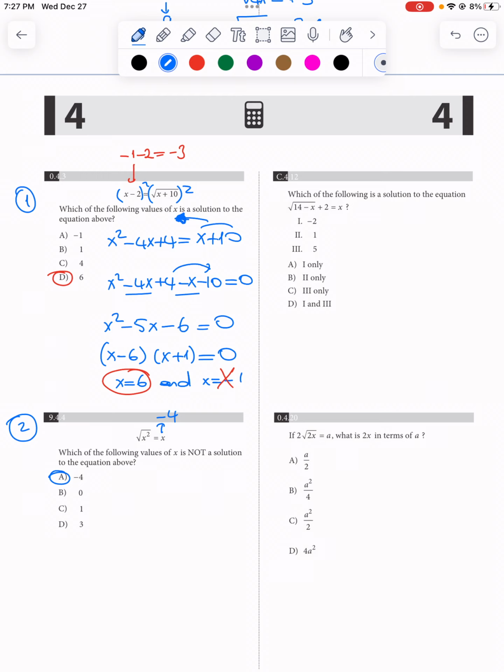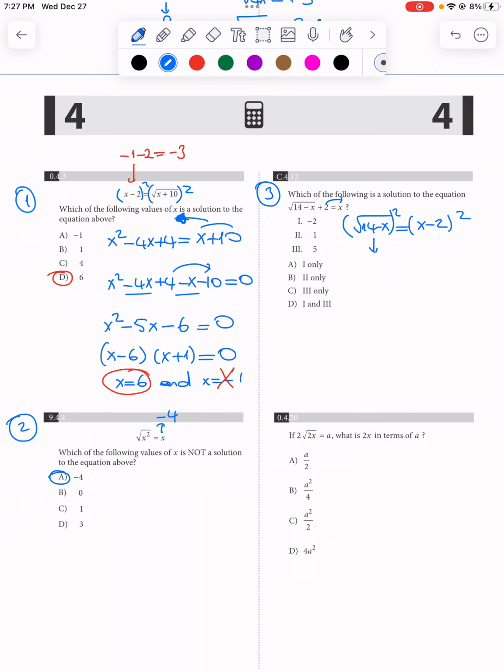Okay, so next question, question 3. Which of the following is a solution to the equation square root of 14 minus x, plus 2, is equal to x? I will transfer the 2 to the right hand side. First of all, square root of 14 minus x is equal to x minus 2. Then I will square both sides.